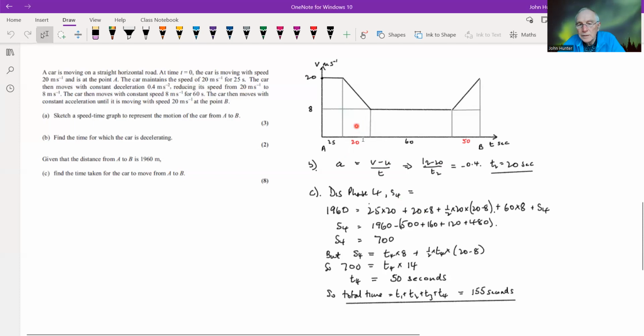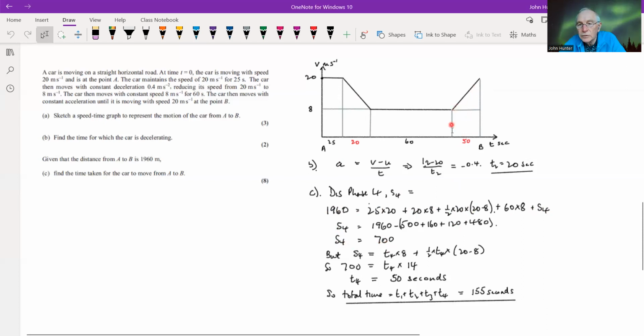So this lower bit is base 20 times 8, and the upper bit is half base times height, so half times 20 times (20 minus 8). It's 12, the height is 12, isn't it? So it's half times 20 times 12. And then this area, which is simply 60 times 8, base of 60, height of 8, plus S4, plus what we've got here. So there we've got an equation in S4. We just need to work that through, and that will give us S4 is 700.